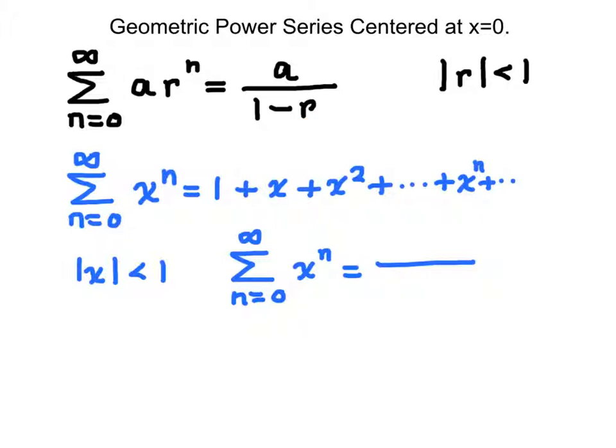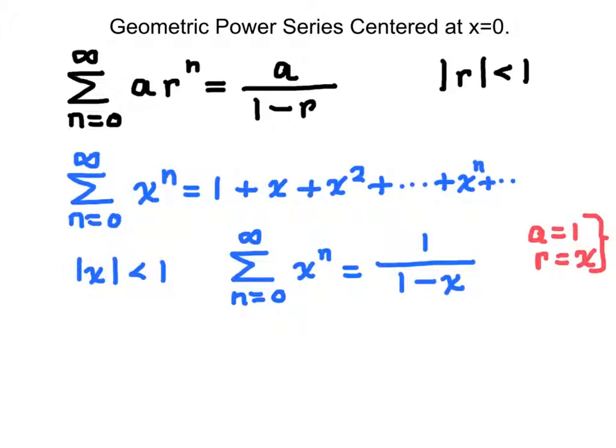In this case, a is 1, and the geometric ratio r is x. So in the numerator we have our a, which is 1, and then we have 1 minus x.